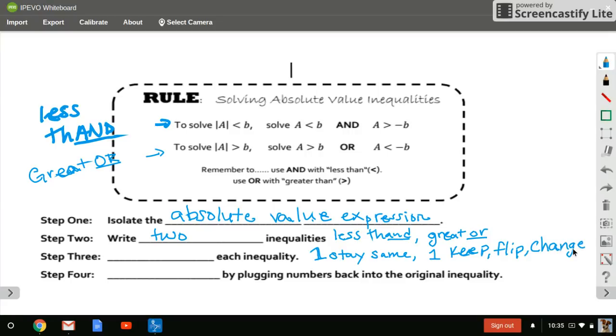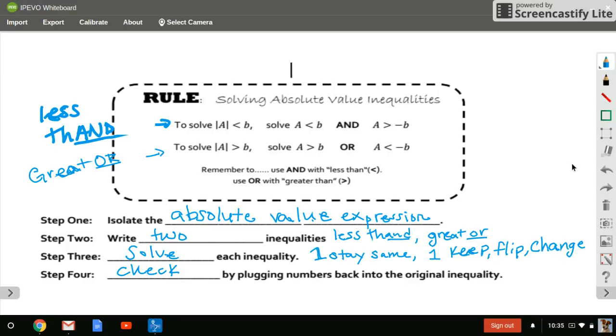We'll go over what that means on the first example. Step 3 is to solve each inequality. Step 4 is to check by plugging numbers back into the original inequality.